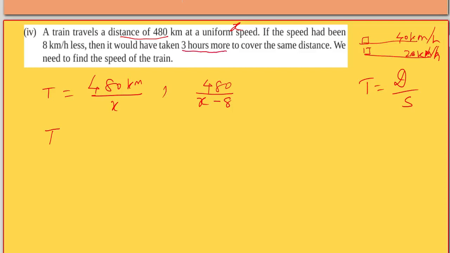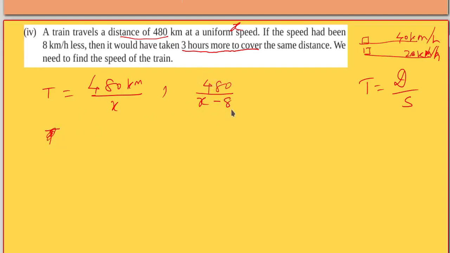So 3 hours more it will be taking to cover the same distance. This is the initial speed, initial time taken. This is the final speed. After reducing the speed, time taken will increase. So what is the time difference?